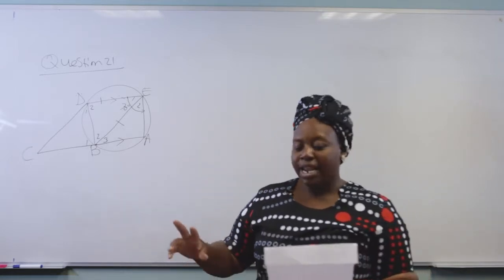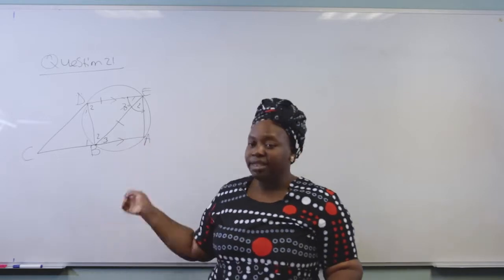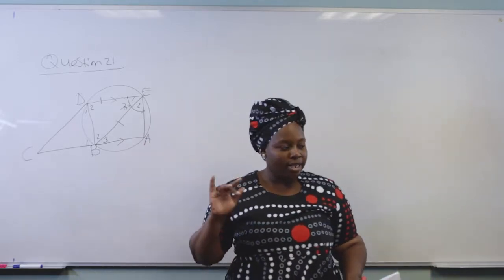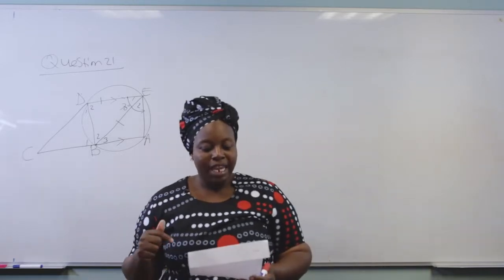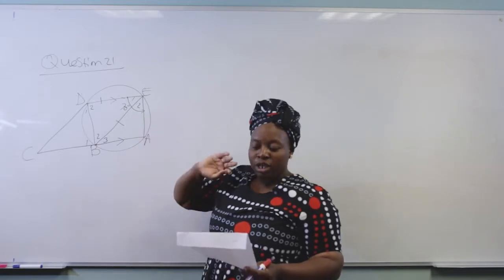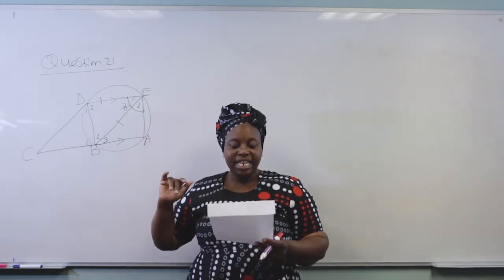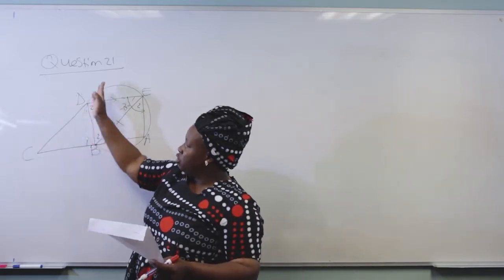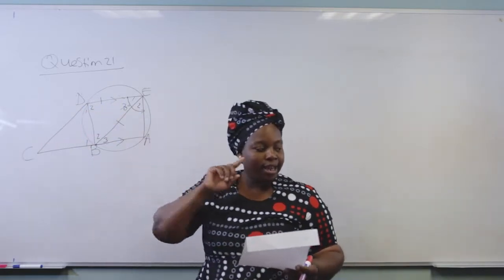With BA parallel to DE, with parallel lines we look at alternating angles, co-interior angles, and corresponding angles. And angle E is equal to 70. We have labeled that there, so it's fine. We have a tangent at D. It's touching the circle at D, so this is our tangent. I just didn't continue it, but it is a tangent. It touches the circle once.